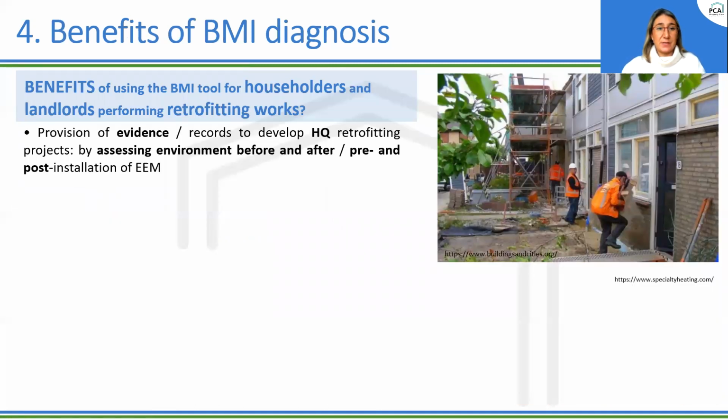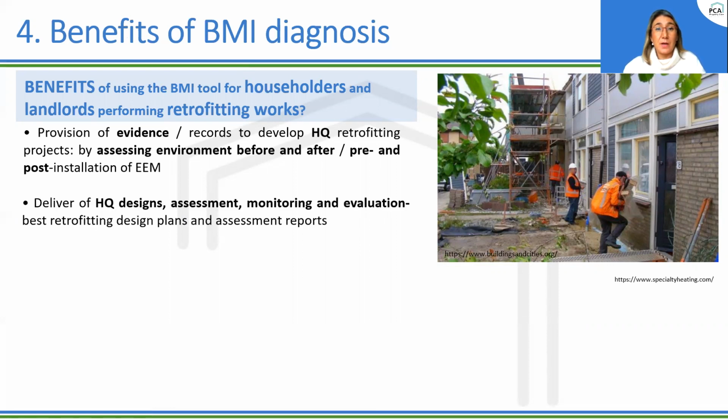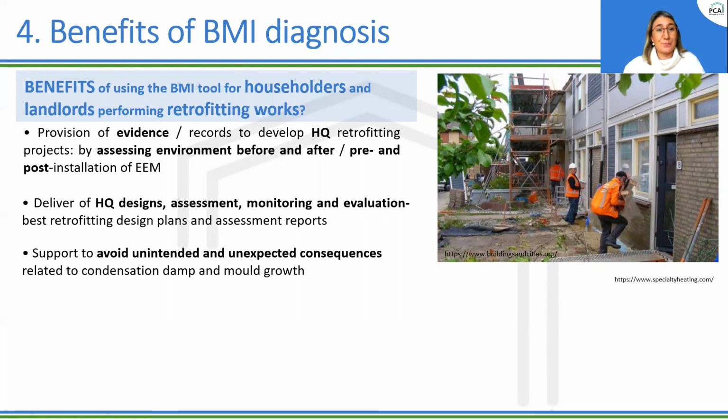And then, which are the benefits of using the BMI tool for householders and landlords that are performing retrofitting works? Well, it provides evidence of high quality retrofitting projects by assessing the environment before and after, pre and post installation of the energy efficiency measures. And then it delivers high quality design, assessment, monitoring and evaluation. So therefore, better retrofitting design plans and assessment reports.